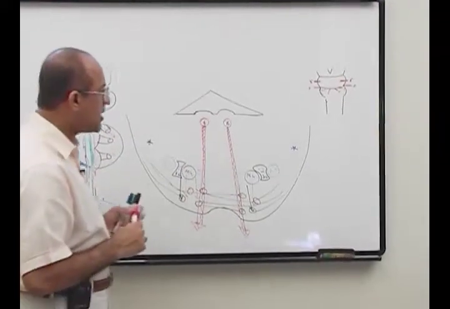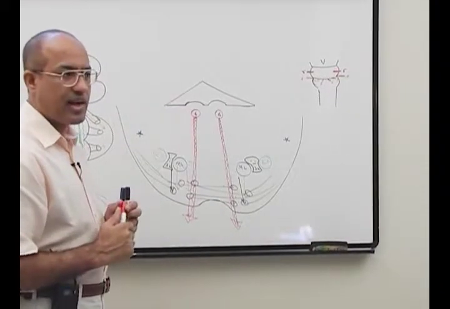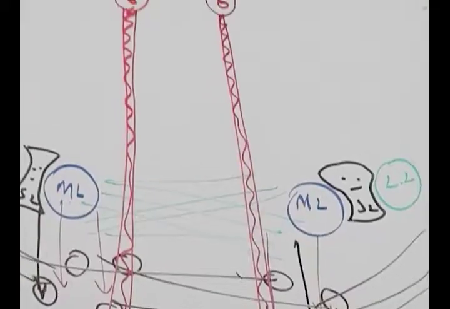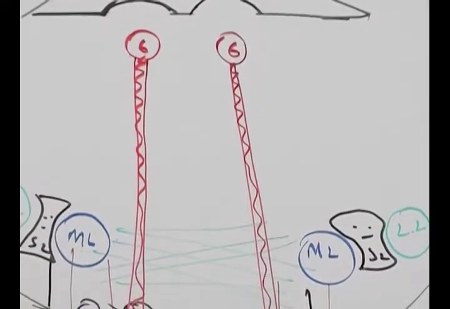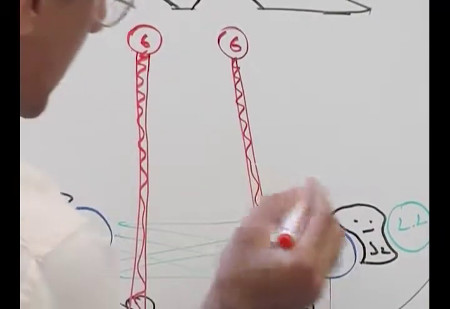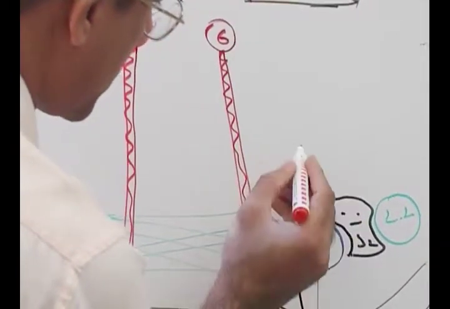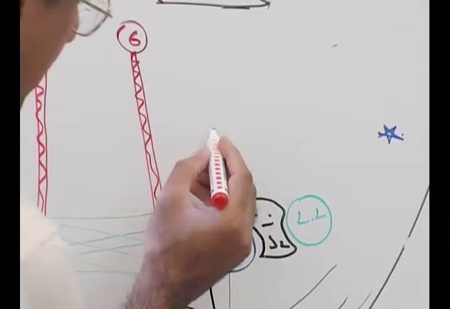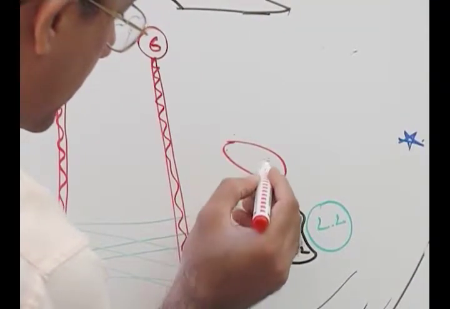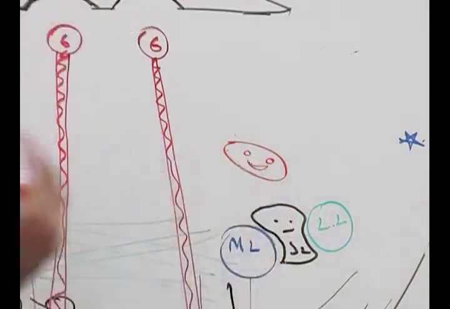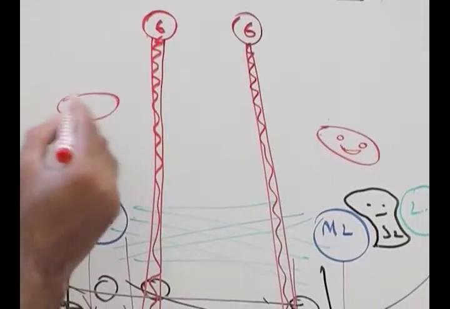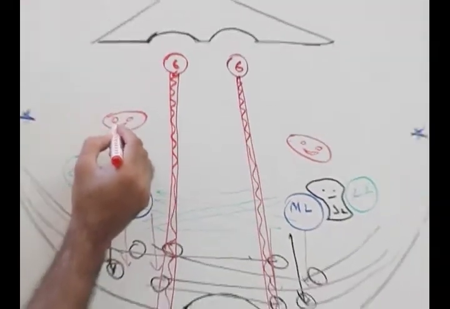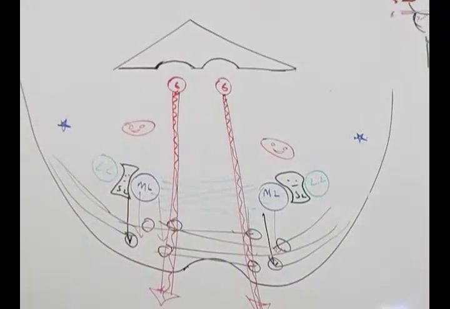No. Then this is the sixth nerve, and there should be a lower pontine seventh nerve system and eighth nerve. Let me put the seventh nerve system. The seventh nerve nucleus, which is the nucleus for the muscles of facial expression, is here. Look at it. It's smiling because it gives a lot of expression. This is the nucleus for muscles for the facial expression.